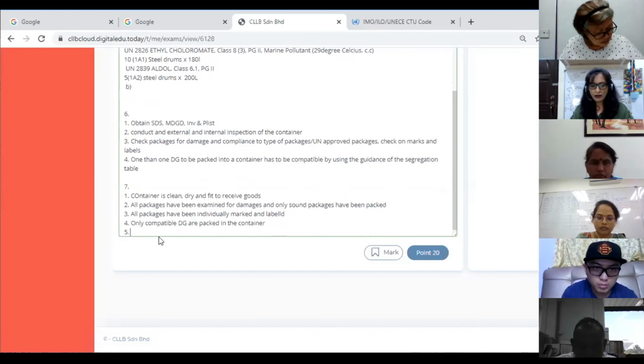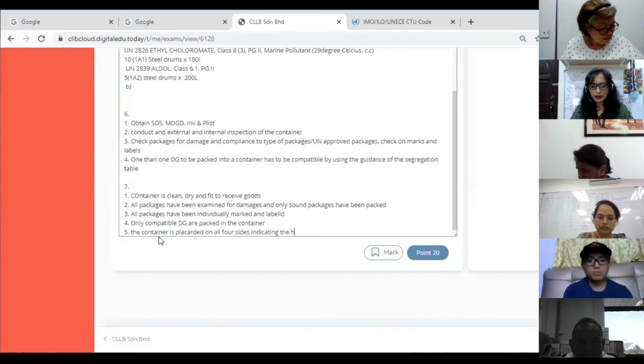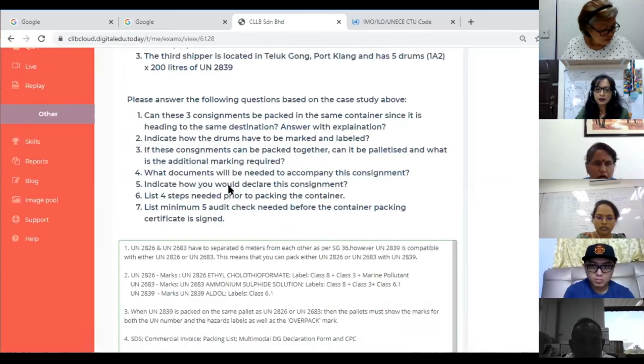Number 5, the container is placarded on all 4 sides, indicating the hazard it carries. There you go. So that answers this entire question.